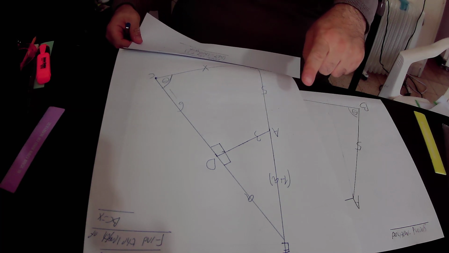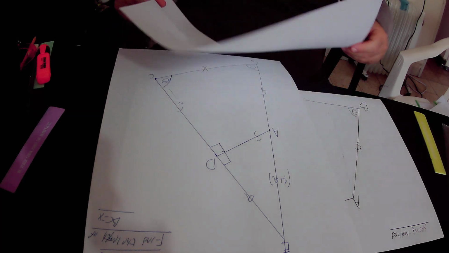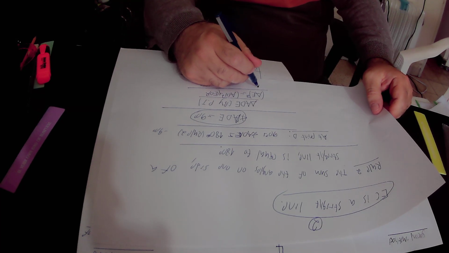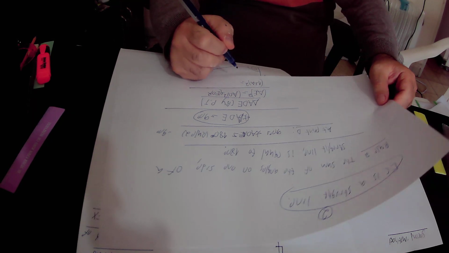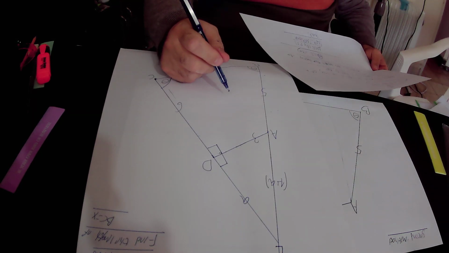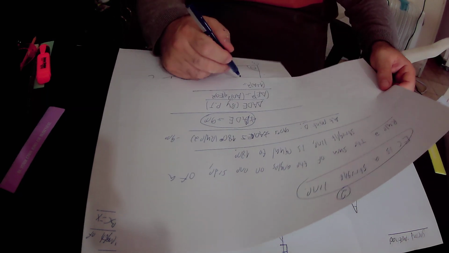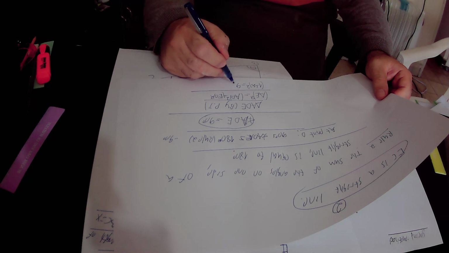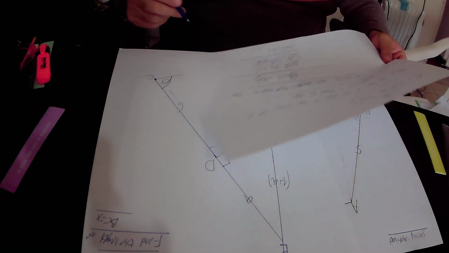AE squared is equal to 1 plus A squared, and it is equal to AD squared. AD is 3, so AD squared is 9, because it is 3 squared, it is 9. Plus ED squared. ED equals A, so ED squared equals A squared.